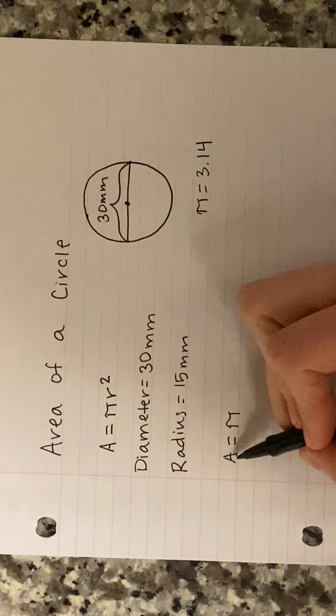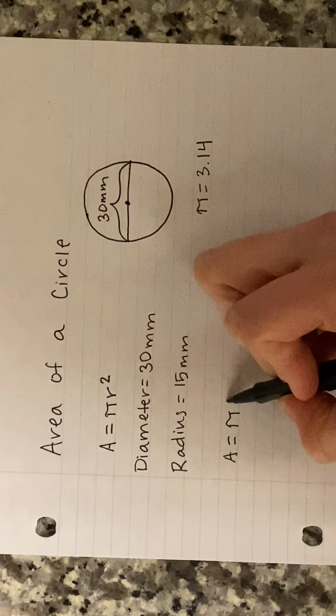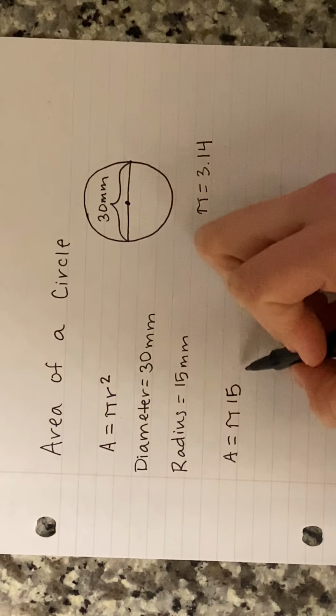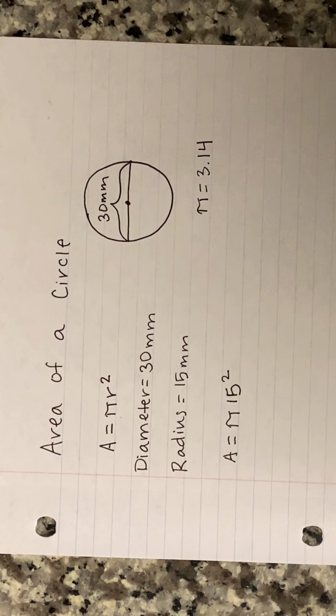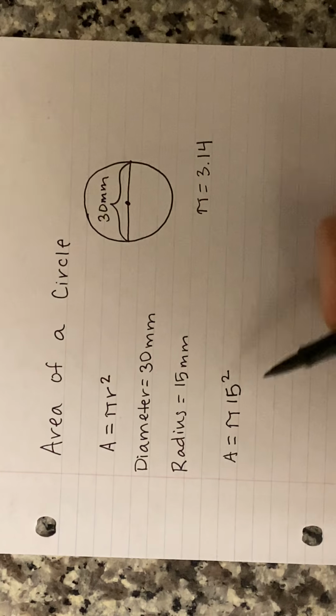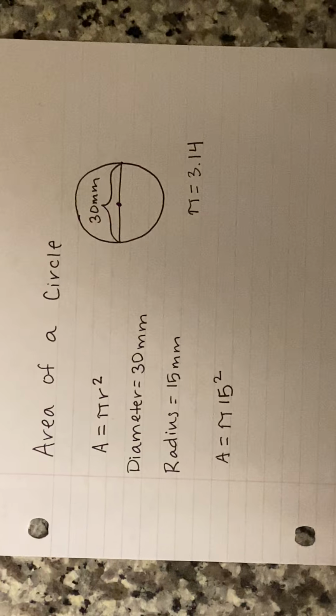So we have area equals pi times r squared. We're going to put our radius in, squared. So first we're going to do 15 times 15 because we're squaring it, right? And I like to do the area model. So I'm going to go ahead and scoot this up just a little bit.